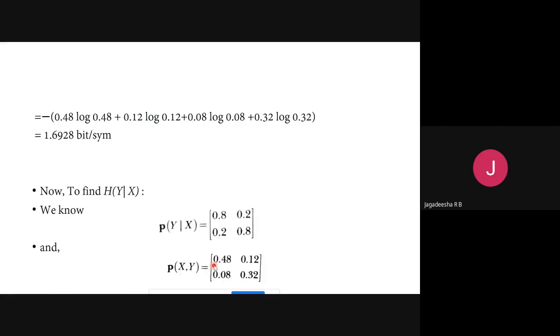These values we already know from the previous matrices we have determined. So we just need to insert those values here: 0.48 log 0.8 and 0.12 log 0.2 and the other values. That is based on the previous matrix P of xy and the conditional matrix. Each element, including P of x2 y2, is multiplied by the same corresponding element here.